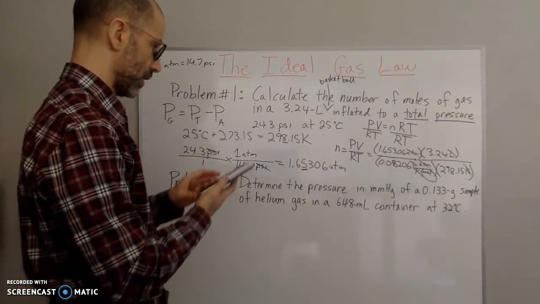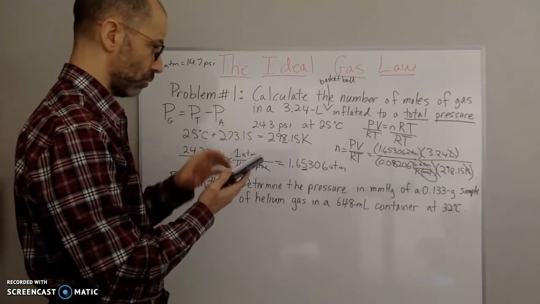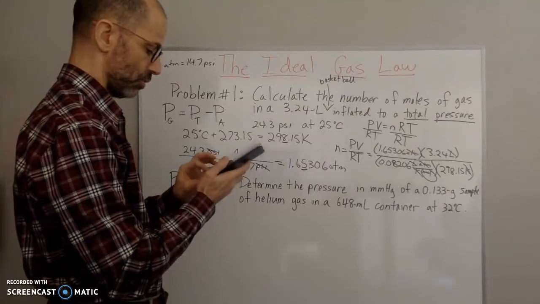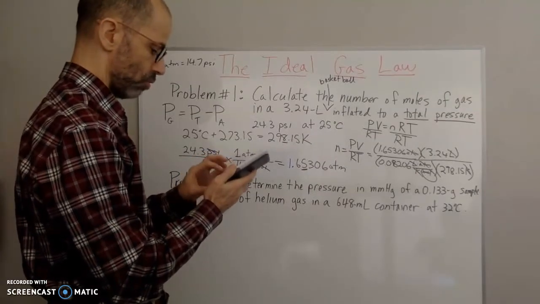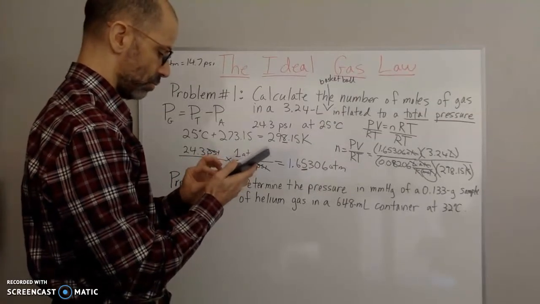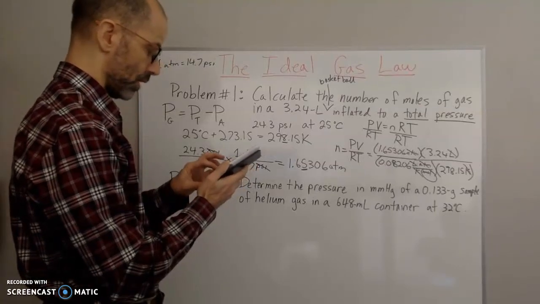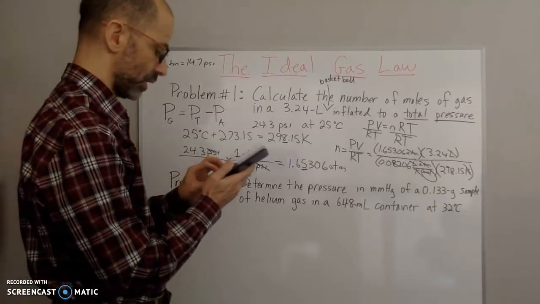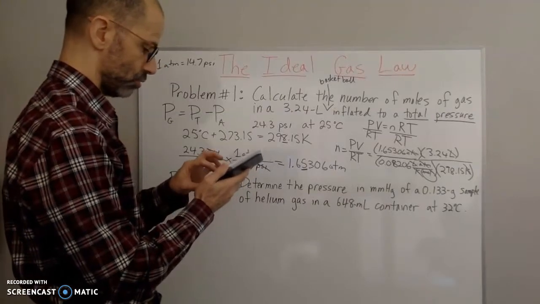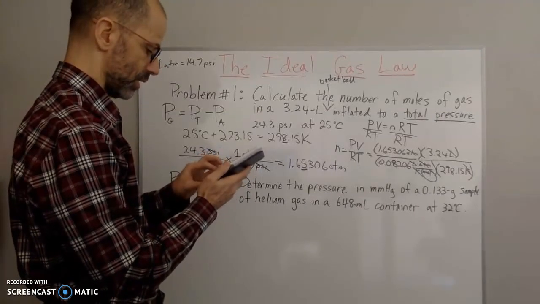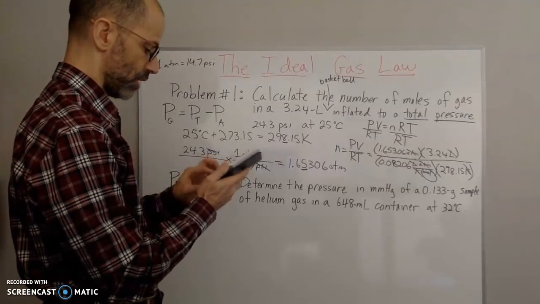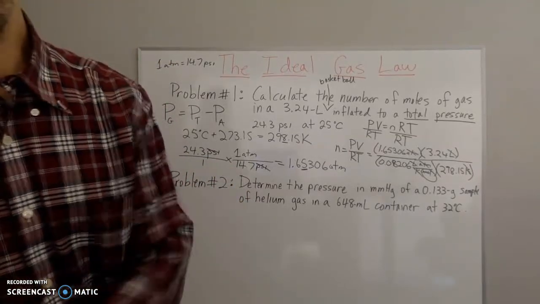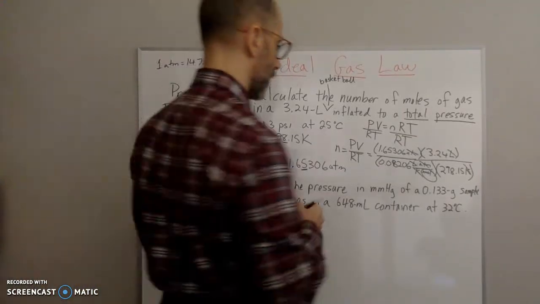And so I calculate, so I multiply the pressure times the volume, 3.24 divided by 0.08206 divided by 298.15 equals, and I get 0.2189.